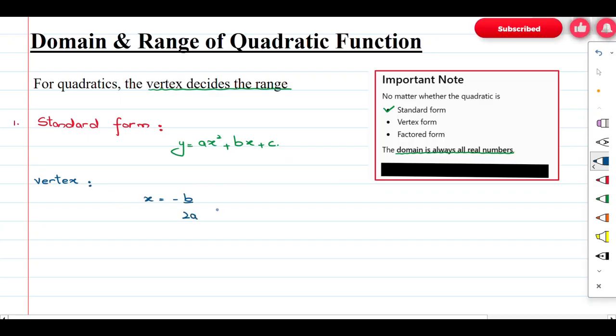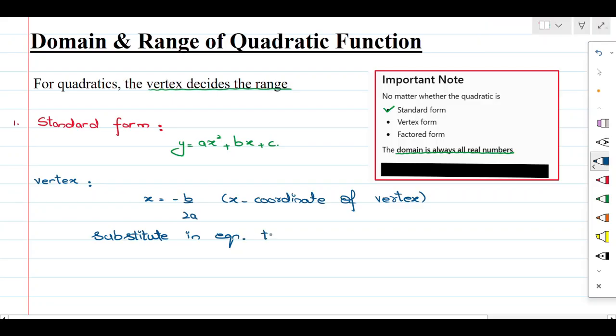You have to use this formula to get the x coordinate of the vertex. And then you have to substitute it in the equation to get the y coordinate of the vertex.